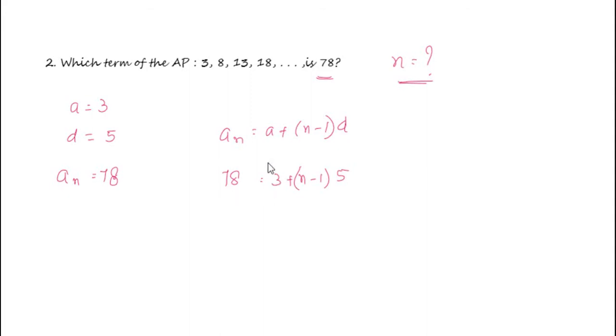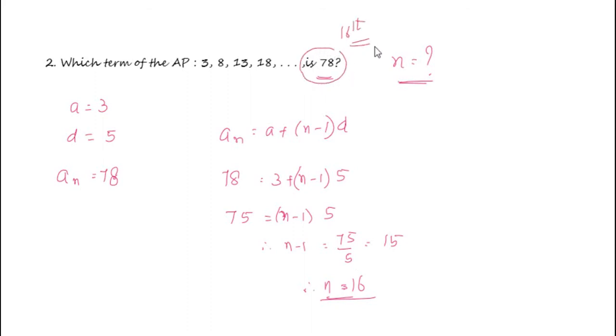I will take 3 to the other side. 75 is equal to (n minus 1) into 5. Therefore n minus 1 is equal to 75 divided by 5, which is 15. Therefore n is equal to 15 plus 1, equal to 16. So 78 is the 16th term of the AP.